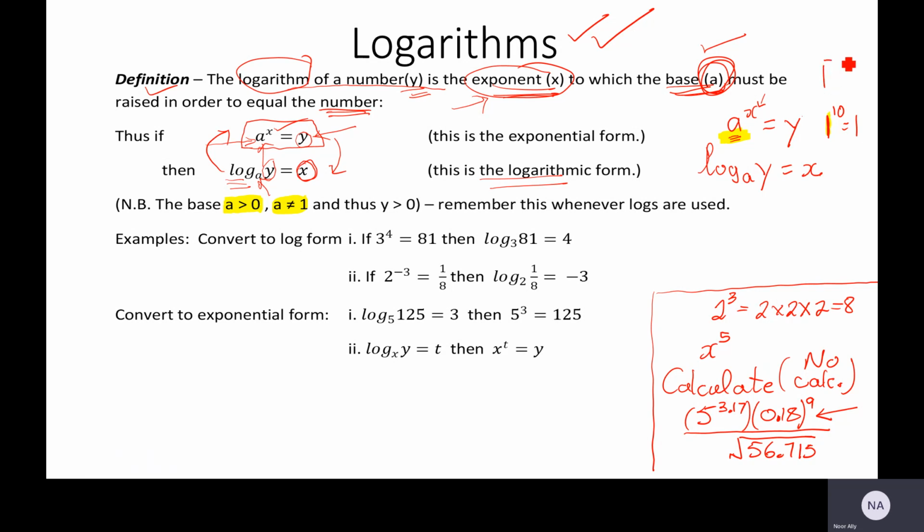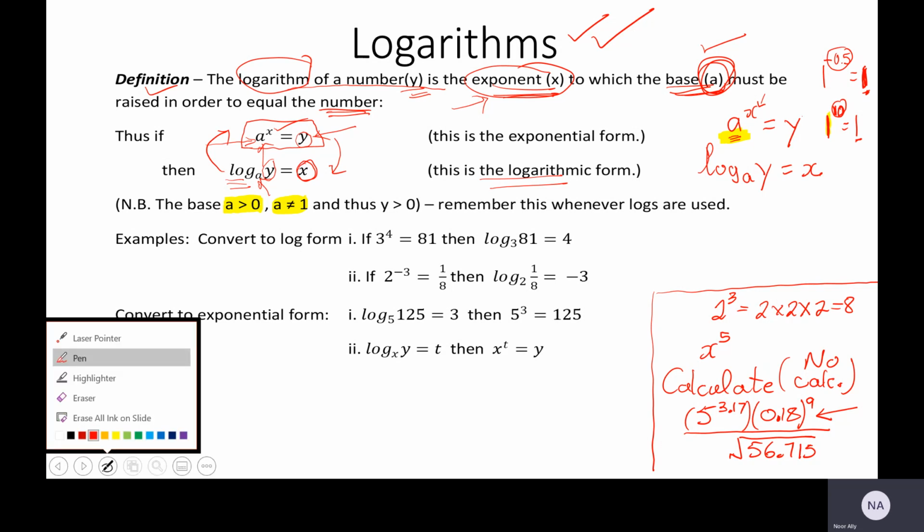What's 1 to the power minus 0.5? What's your answer? 1. It's 1 irrespective of what the index is. So that is the reason. That means we'll always get 1 as an answer. The number, the answer, we won't be able to convert to log. But there is a property that we'll come across at a later stage. So A cannot be equal to 1. That's the first thing. While the second, A must be greater than 0. The base A must be positive.